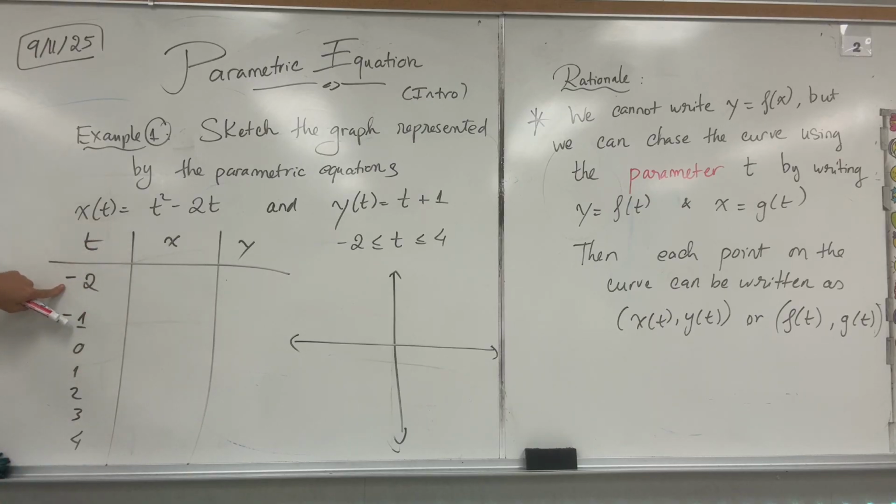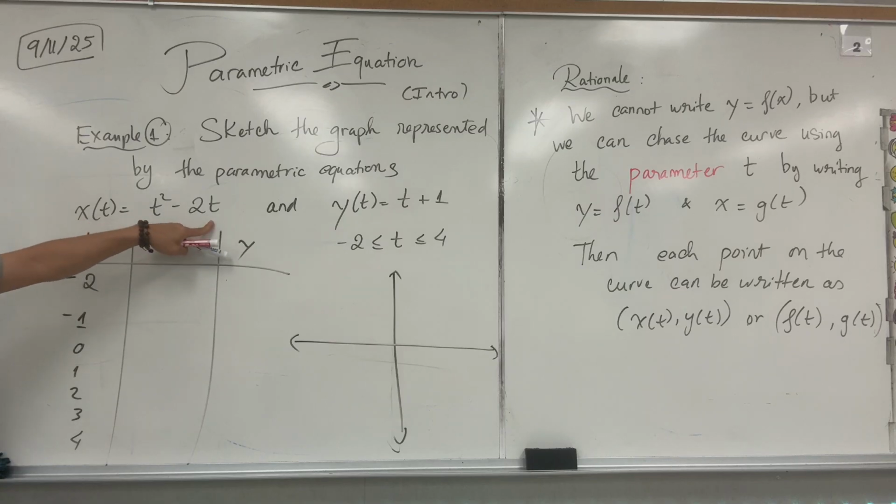Okay, -2. When you plug it in, what is the x? -2 squared is 4. 4 minus 2 times -2 is 4 plus 4, negative and negative become positive.